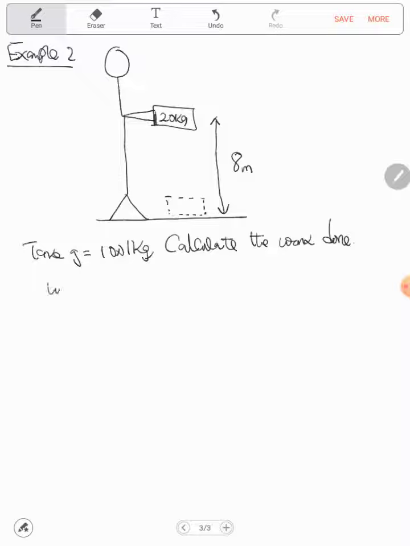We know that work done is equal to force times what? Distance. Now force must be in what? In newtons. Now what we have here is mass. By now we know that force is equal to mass times what? Gravity. It's the same as when we say weight is equal to mass times gravity. These are just the same.